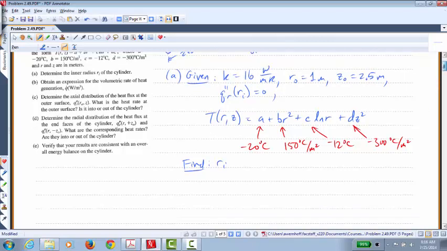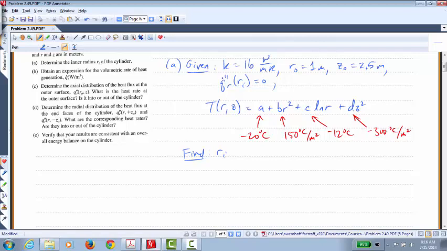So to find this, we want to take advantage of the fact that the inner radius is insulated, because we know that if something is insulated, the heat flux is 0. So Q sub R double prime at R sub I. Technically it's R sub I and Z because it's a 2D problem, so we'll write it out more appropriately here. It is equal to negative K dT/dR for R and Z, located at R equals R sub I, equal to 0.